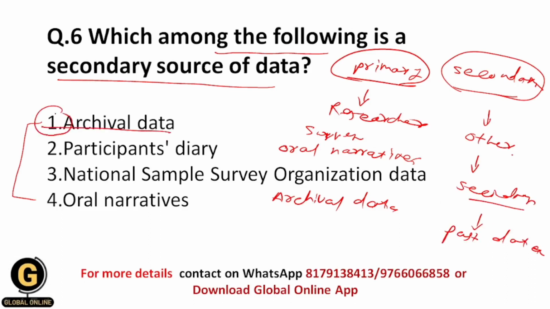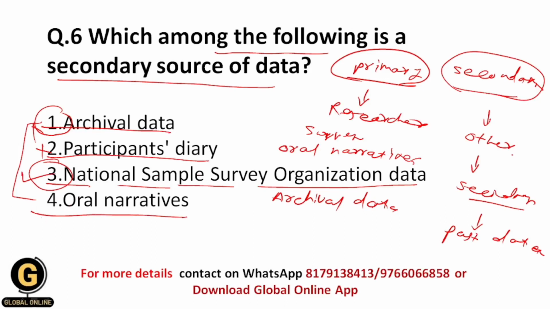As we have seen, it is primary data, so this is eliminated. Participants' diary is also eliminated as it is primary data. Third is National Sample Survey Organization data. Yes, as we have seen, this is secondary data, so this is the correct answer to this question. Oral narratives is also primary data, so this is also eliminated. So the correct answer is 3.